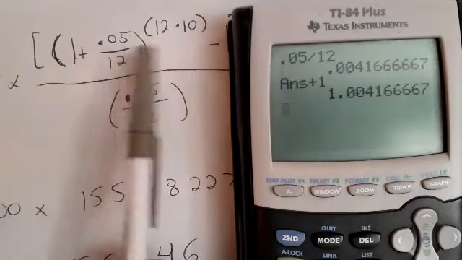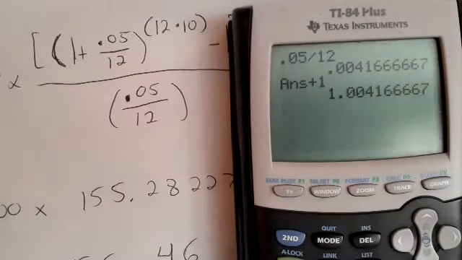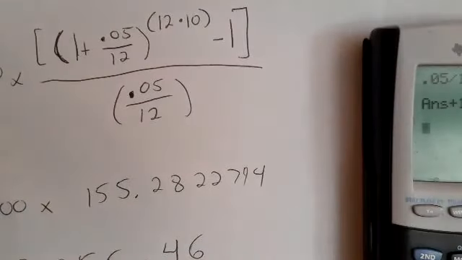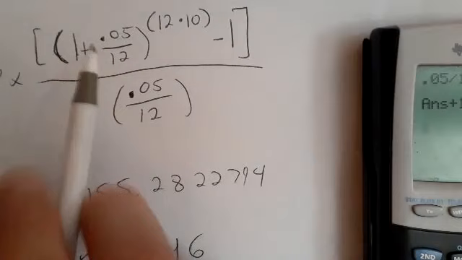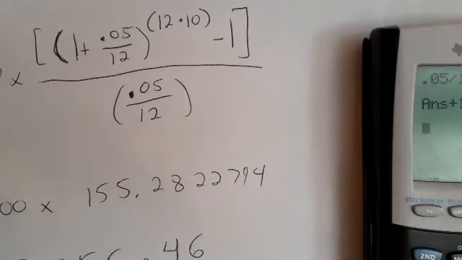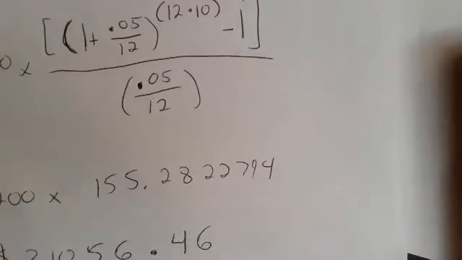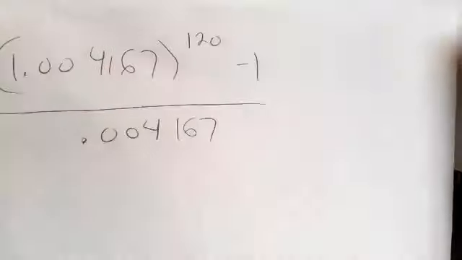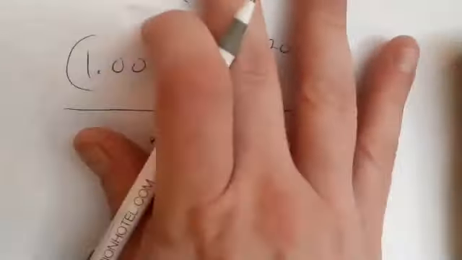That's this thing, which I can do right quick. 12 times 10 is going to be 120. I still have to subtract 1, and I still have to divide this by this thing without the 1. So that was 0.004167. If you're doing this piece by piece, the next piece should look something like that.